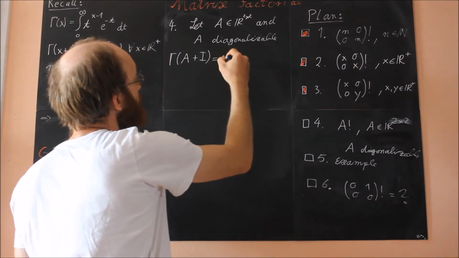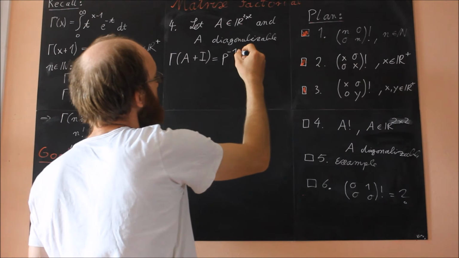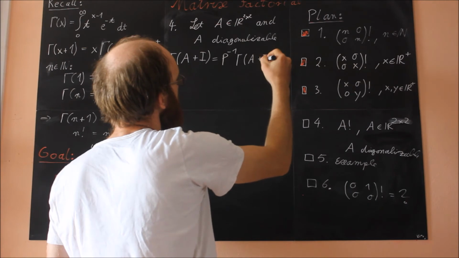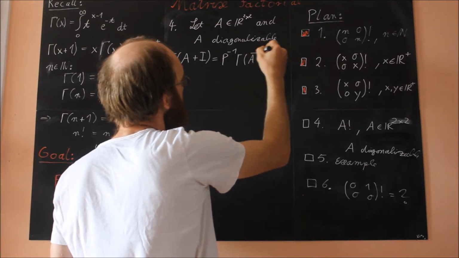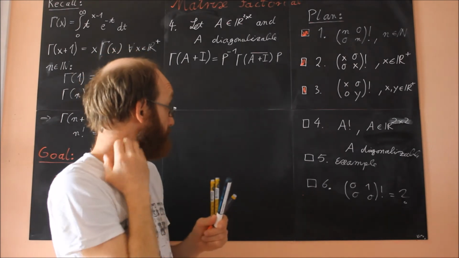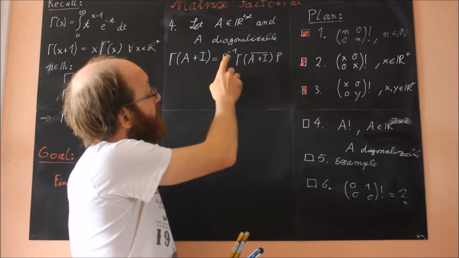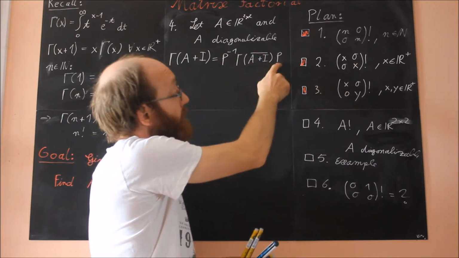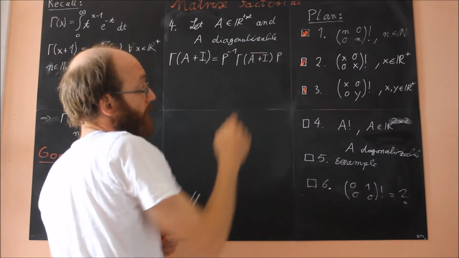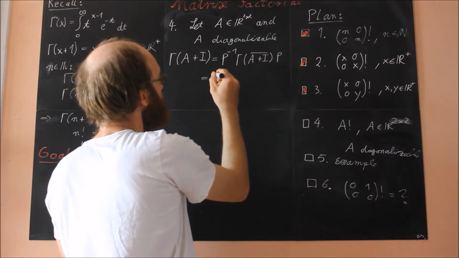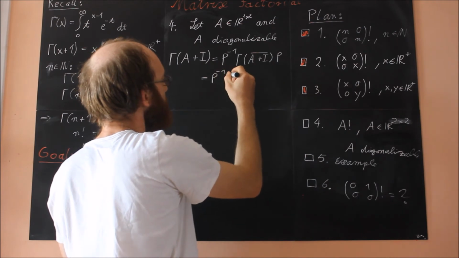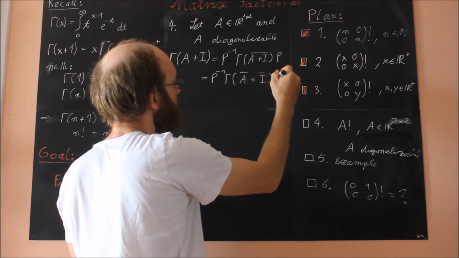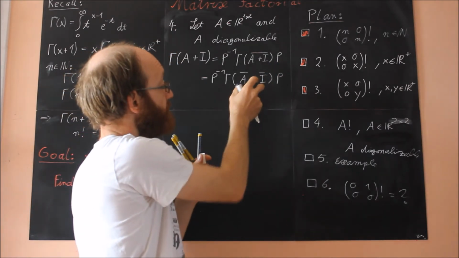so we can find in the first step this, so first step is P inverse times gamma of A plus I diagonal times P. Then the diagonal and so we can split this up.